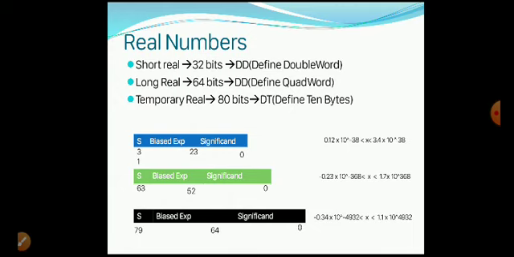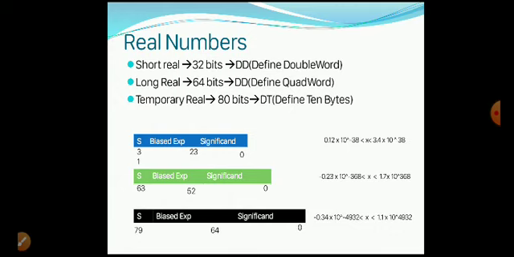Okay, so the first one is the 32 bit, the second one is the 64 bit, and the third, temporary, is the 80 bit format. You can check here, the real number data format supports very high numbers as well as very low numbers. You can look at the 80 bit format.